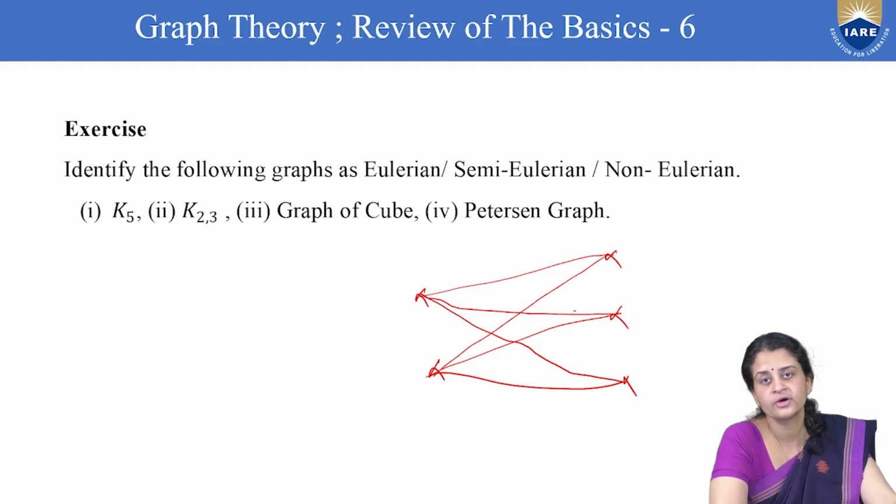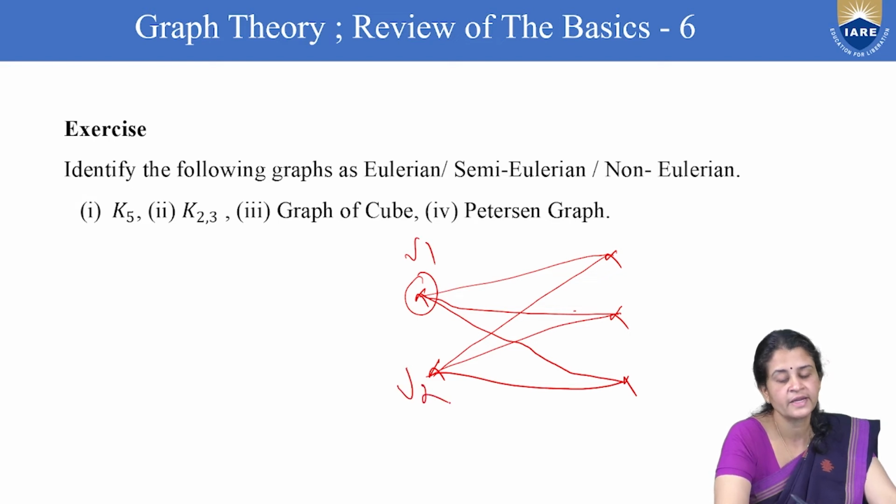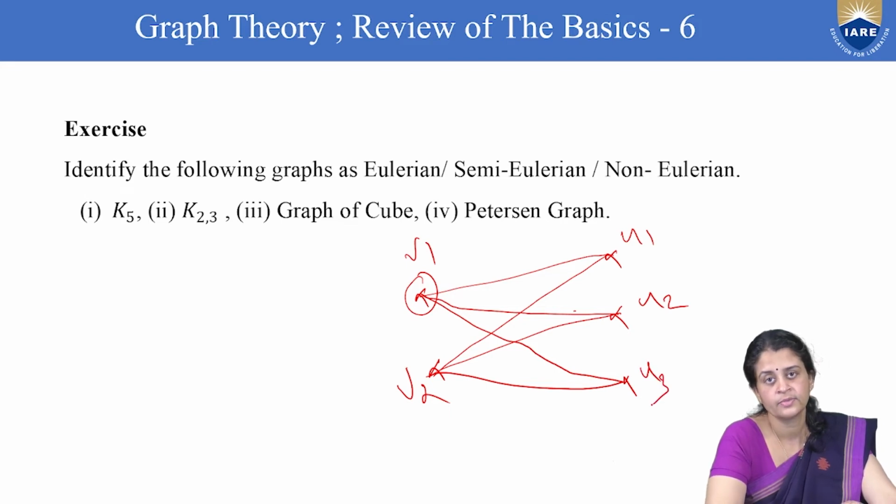Okay, we got an Euler trail here, but can we complete it to a closed Euler trail? No, because we started from V1 and ended in V2. U1, U2, U3. It is a non-Eulerian graph, but we got an Euler trail in this graph because we travel through every edge exactly once.